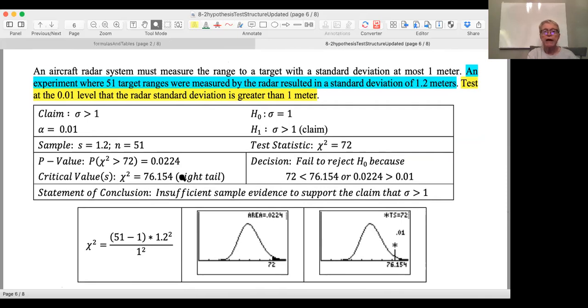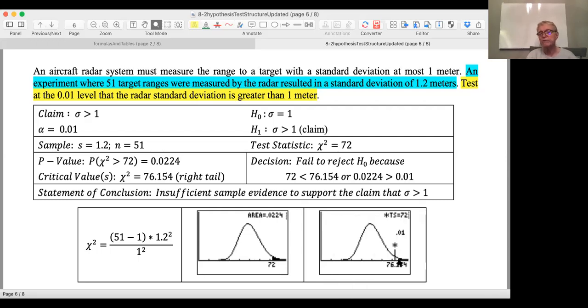And it's a right-tailed test, and so we get a critical value of 76.154. We compare the test statistic to that. If we put them on a graph, we see that the test statistic is closer to the mean than the critical value, or it's less than the critical value on the right.